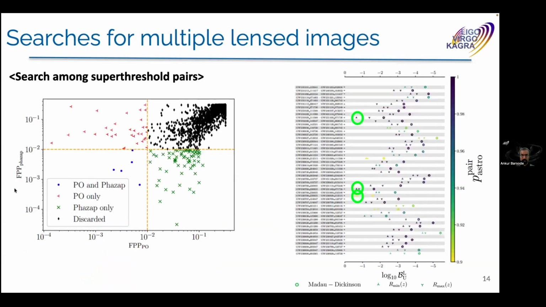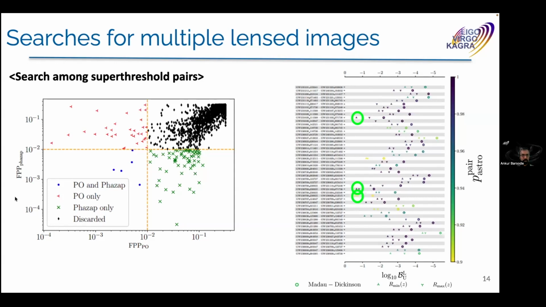Next slide, please. So on the left, we show how the very first cut is done. This is conservative. Since these two pipelines return different statistics, we first bring them to a common baseline by using the background Justin talked about 2 slides ago. We compute the false positive probability for each pair using the statistic returned by the pipeline.